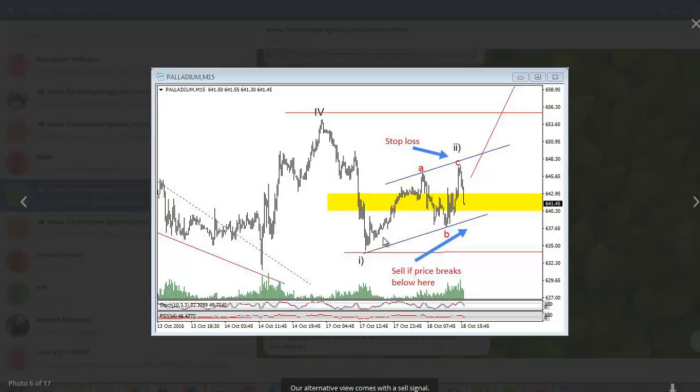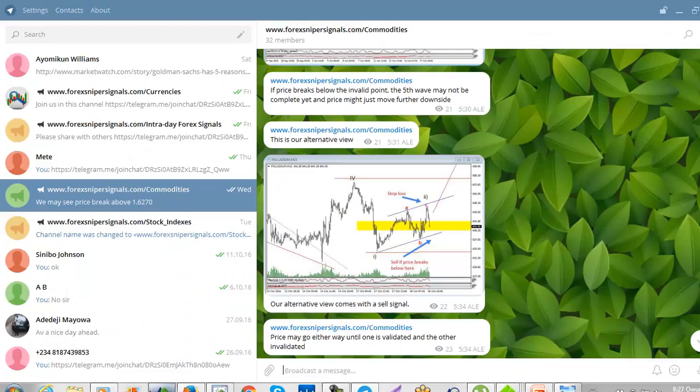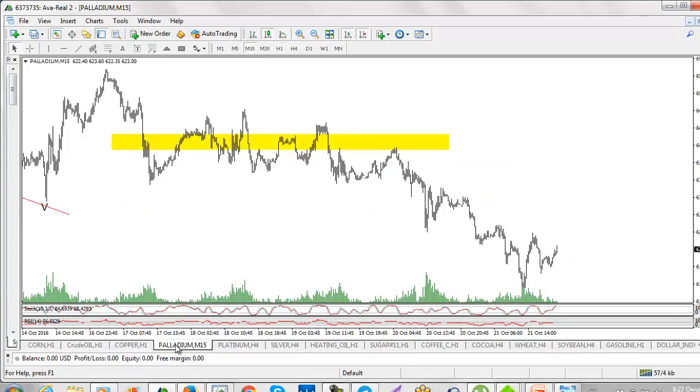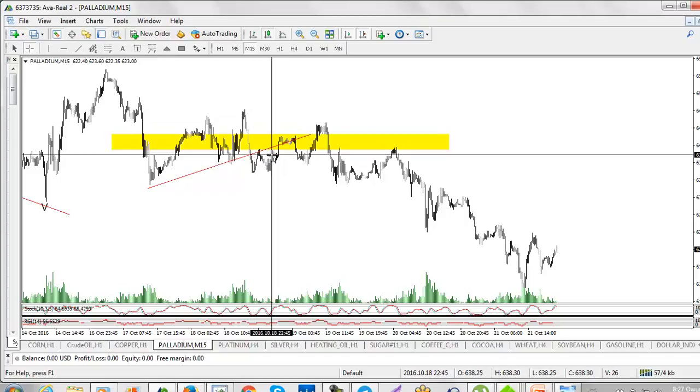So we had an alternative entry: sell if price breaks below here, with stop loss here. And then what happened, let's look at palladium. Actually, this is the level we're looking at, the move here and the ABC with the stop loss here. And then from the breakout here, the breakout actually happened here with price still maintained below the stop loss level.